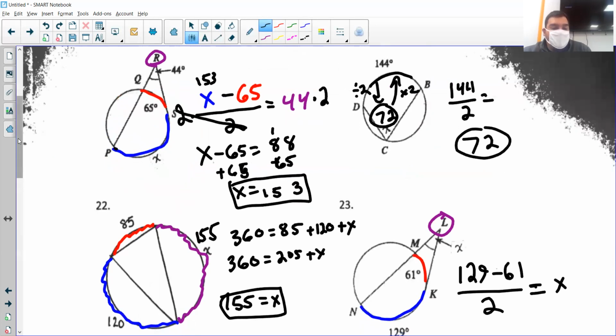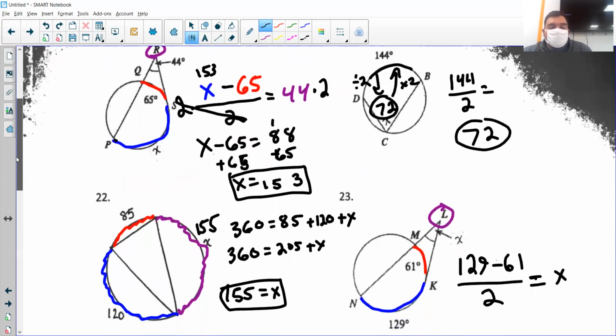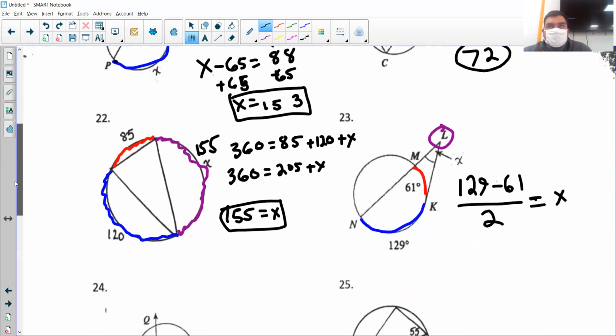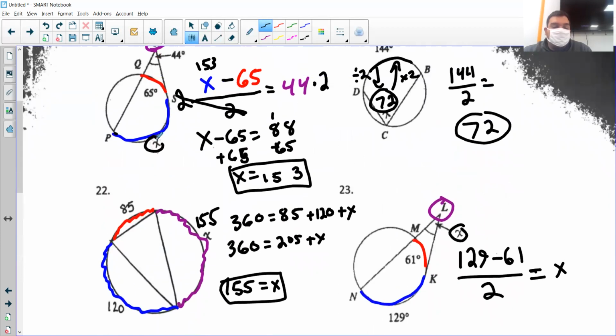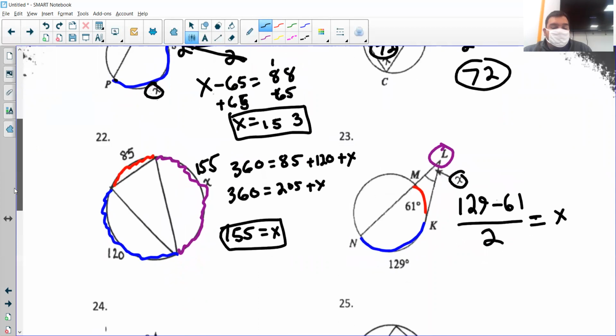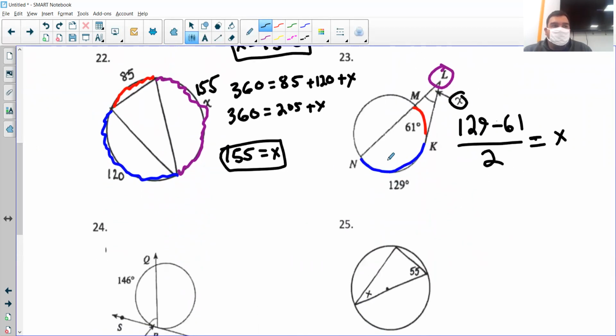When the X is outside, it's inside of the equation. When the X is part of the circle, it's equal to X. Just gotta make sure it's in the right part. So 129 minus 61 divided by 2 seems to be 34.